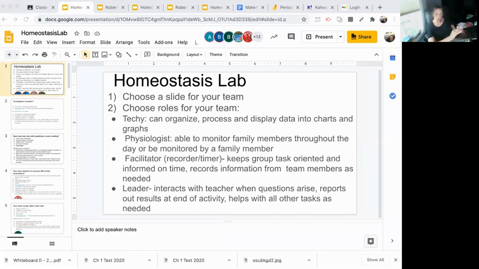Mrs. Roberts, I chose the acidity of urine one, and you put me in a group with pupil dilation. I don't see that one as a thing. There's not a separate room for it. You can still do it, but it doesn't look like there's anybody else doing acidity. Is there one for pain tolerance?